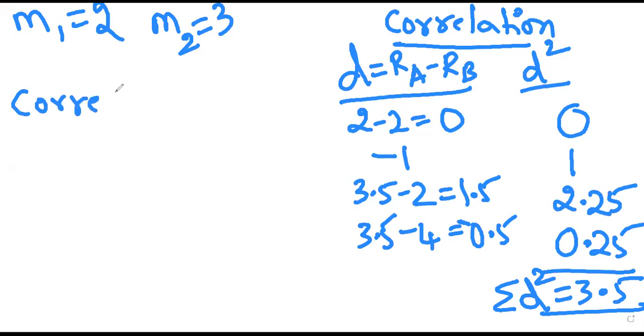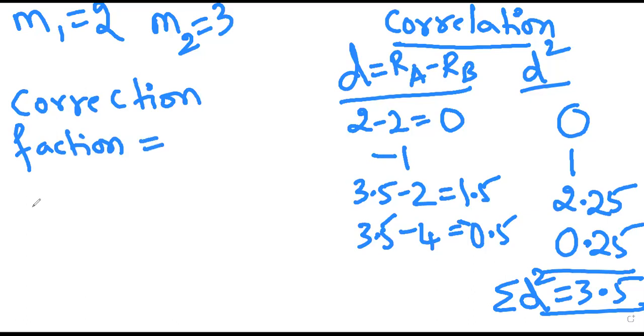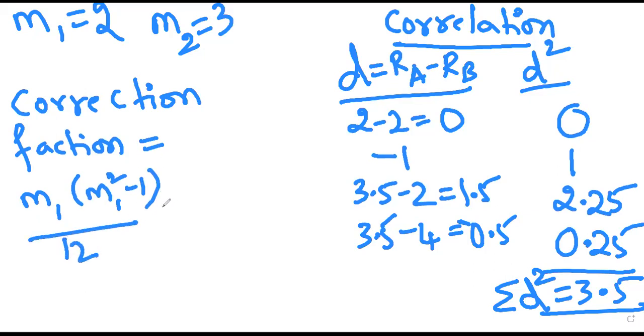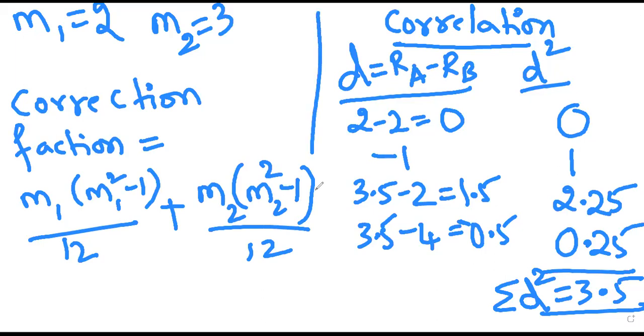That is the reason the correction factor is M1 into M1 square minus 1 plus M2 into M2 square minus 1, whole divided by 12.